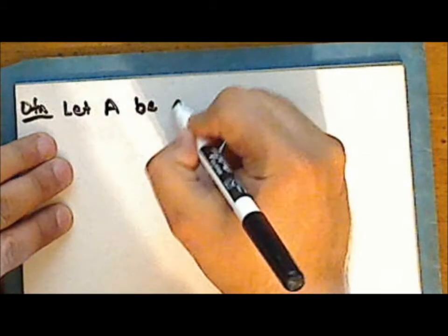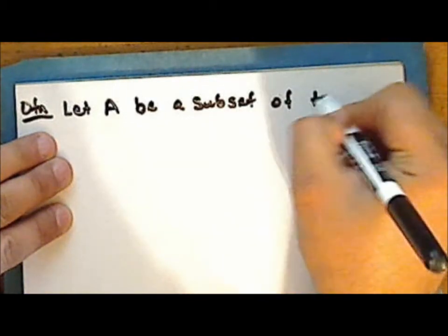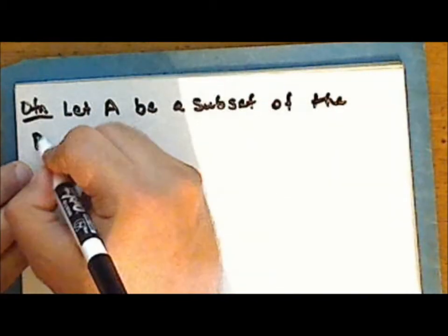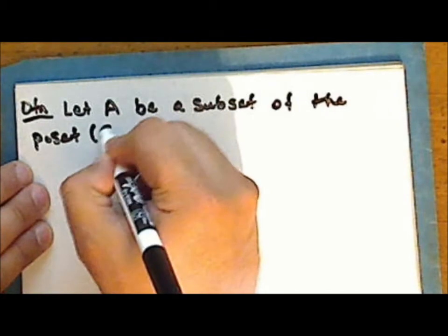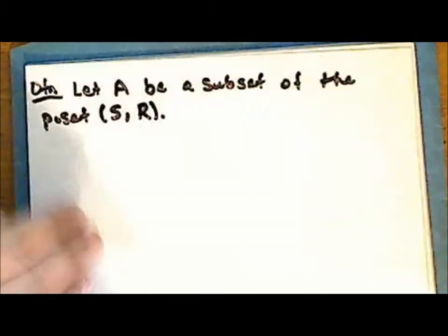Let the set A be a subset of the poset S with some relation R, some partial ordering.